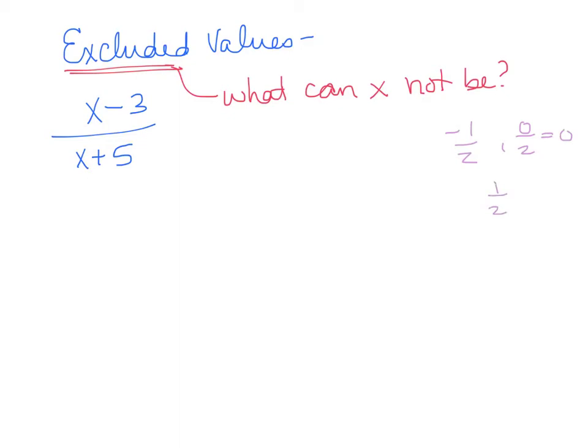The key thing is though, what can the bottom of the fraction not be? What we know is that the denominator cannot equal 0. Not equal to 0. So to find out what x can't be, set the denominator equal to 0.